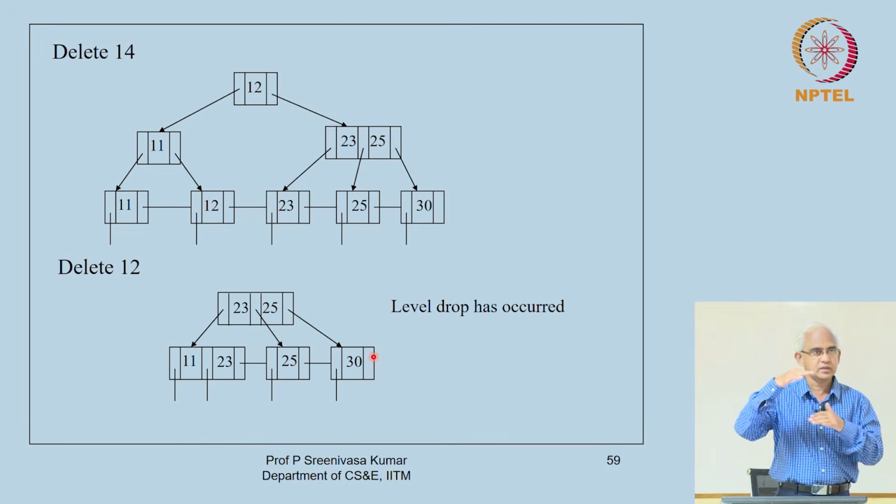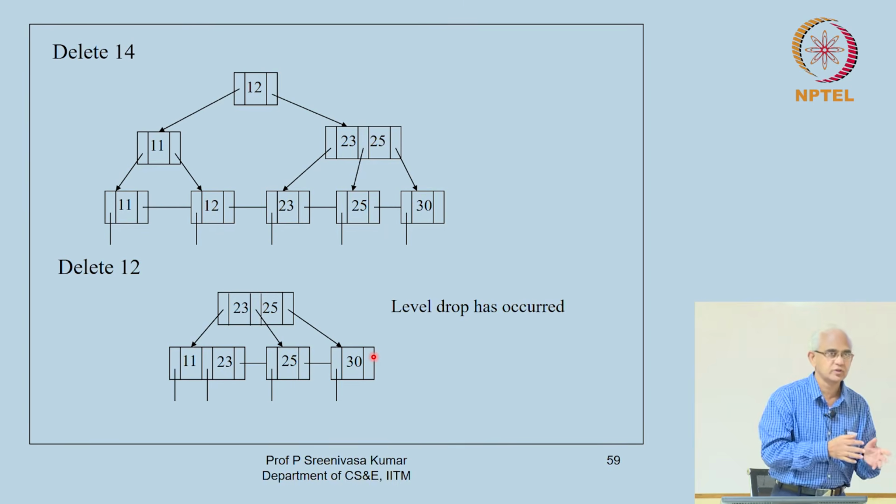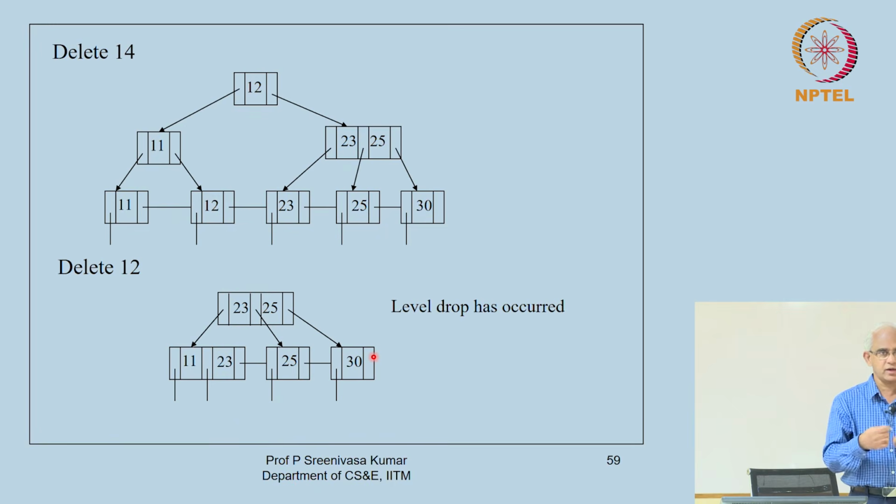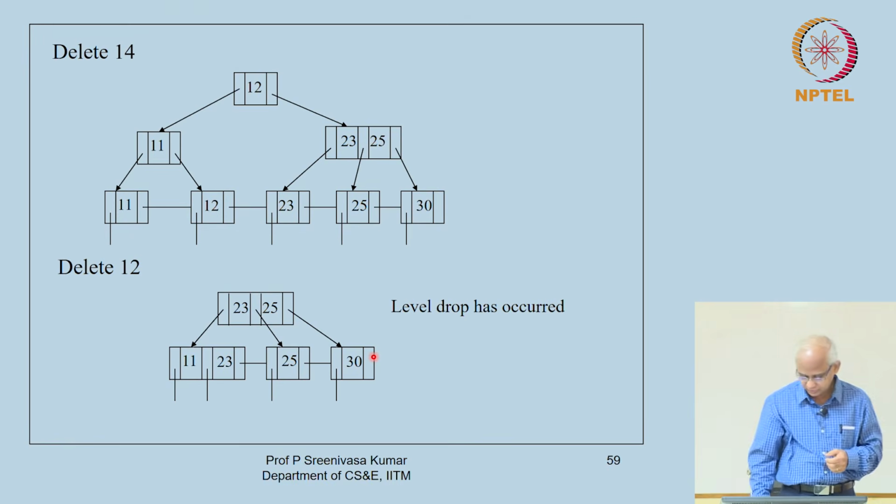It is the height of the structure, that many block accesses you have to do, and that is the same for all keys, because all the leaves are at the same level. So you will get quick access to a record, and if you traverse from left to right on the leaf level, then you will get access to all the records in the increasing order of that particular search field value. So these are the 2 things that you can do.